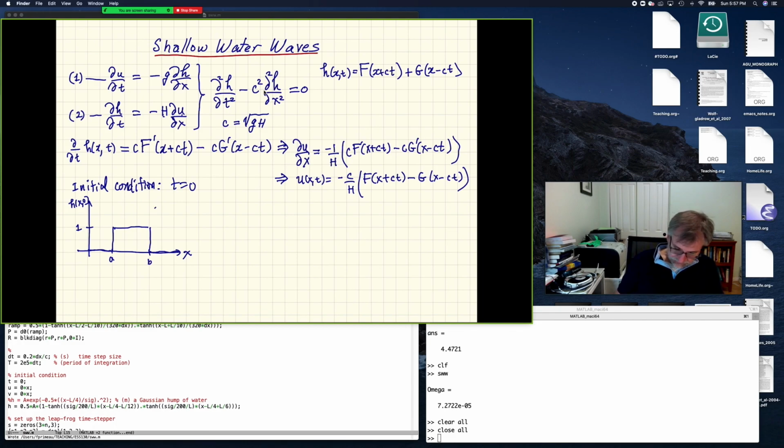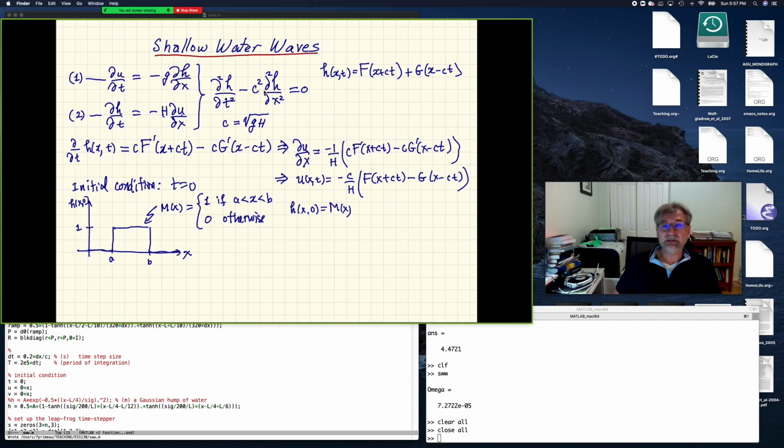This function we'll give a name. This will be m of x, which is equal to 1 if a is less than x is less than b, and 0 otherwise. So the initial condition is h of x and 0 is equal to m of x.